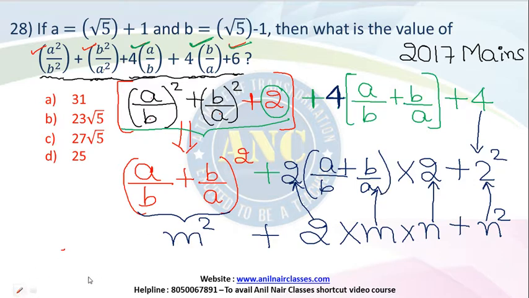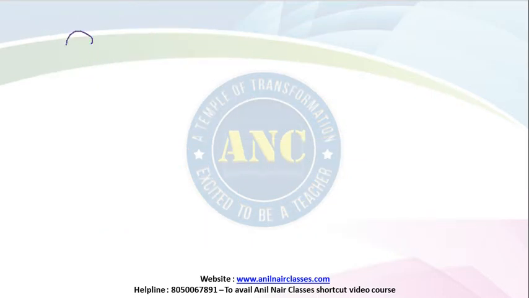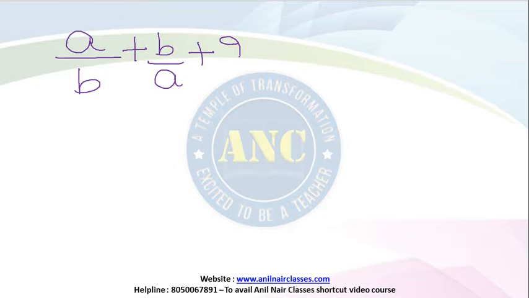This is how beautifully I want you people to analyze. This entire expression can be written as (m plus n) whole square, where m is nothing but a by b plus b by a, n is nothing but 2. So in simple, (m plus n) whole square, m is a by b plus b by a, and n is nothing but 2.